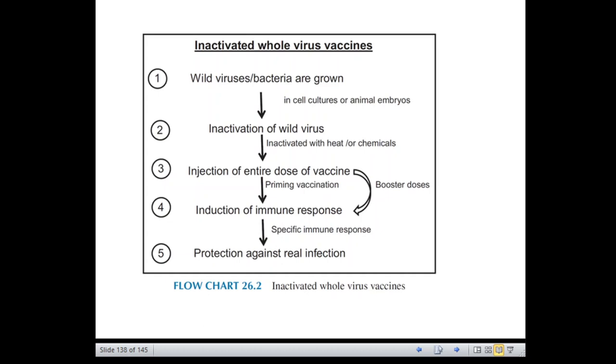Thereby, inactivated whole pathogen vaccines provide protection by directly generating the T helper cells and tumor immune response against the pathogenic immunogen.